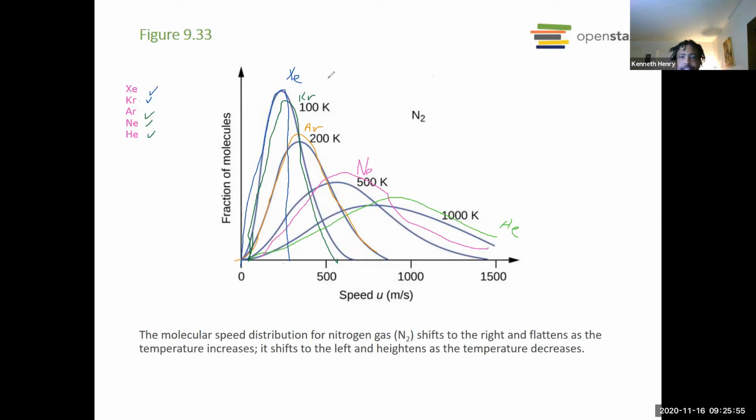Xenon. Xenon has the biggest mass, so it's going to be moving slower than krypton. Then argon, right? So the slowest one of all the noble gases, if we even put radon up here, is going to be radon because it is so big compared to all of the others. There we go. Radon would be something like this.